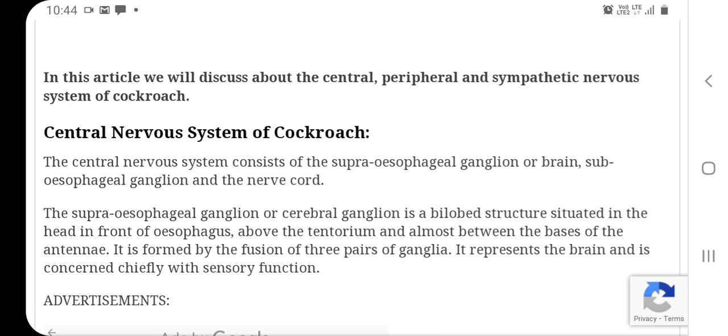Besides the ganglia, central nervous system is also comprised of the ventral double nerve cord.